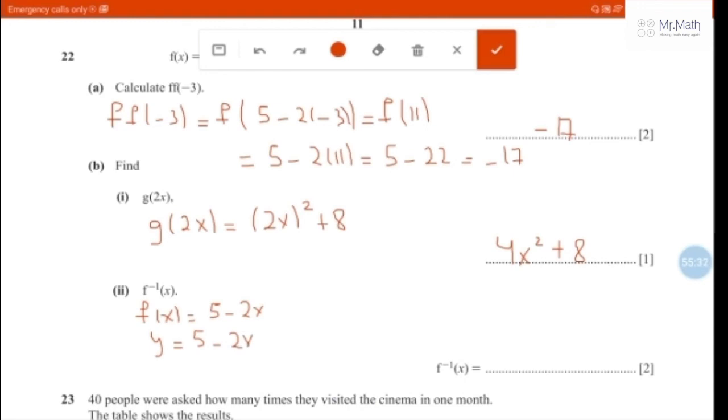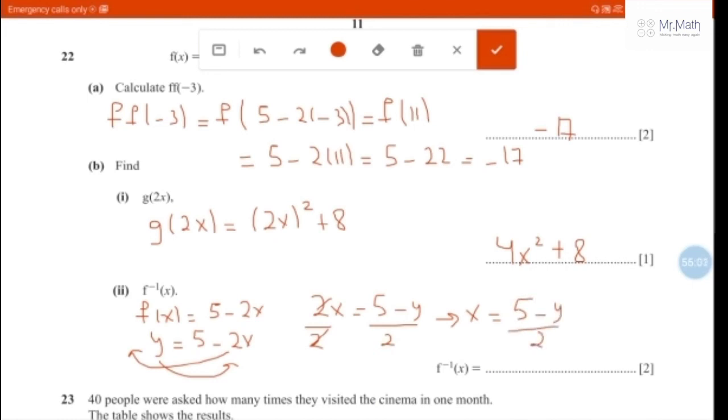Then I have to manipulate my equation to make x the subject. So I'm moving y here and negative 2x over here. So I will get 2x equals 5 minus y. So to make x the subject, I will divide by 2 and here by 2. So x is equal to 5 minus y over 2.